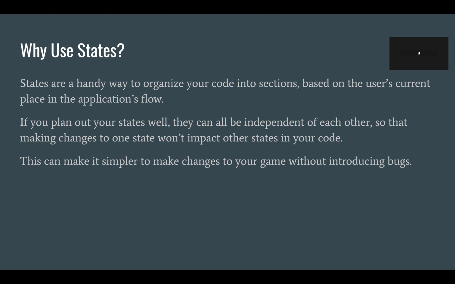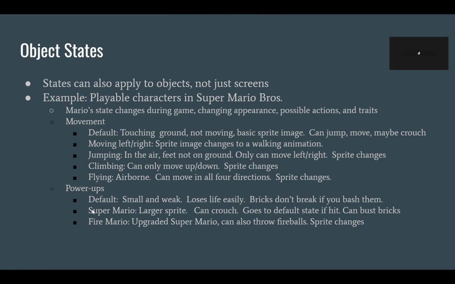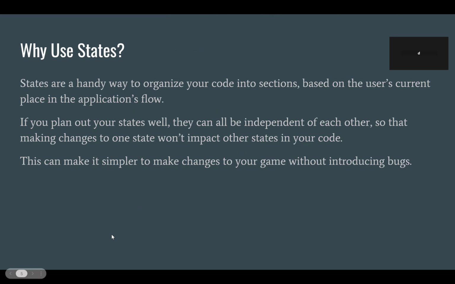So if I'm in my Super Mario state, and I want to make a change to the code for Super Mario, if I'm organizing my code correctly, I can make the change just in the Super Mario state section of the code, and hopefully my Fire Mario and default states or other states should not be affected. Okay?